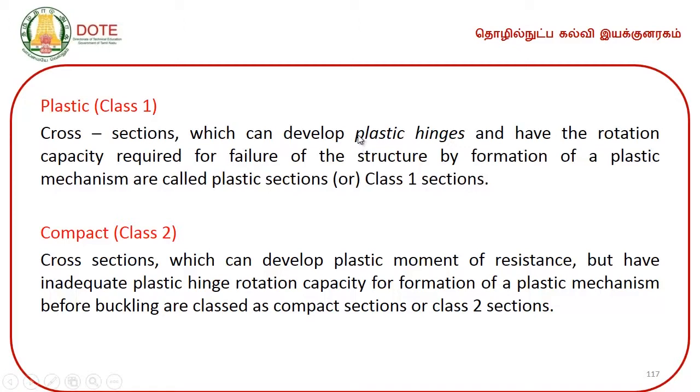And one must understand what is the meaning of a plastic hinge. A steel section, let us assume a beam section, if it is subjected to transverse load, it bends, that means deflection increases as the load increases and the bending moment increases. The deflection reaches its maximum point and there is no further rotation on the member, then at a point along the length of the member a kink is formed, a twisting is formed.